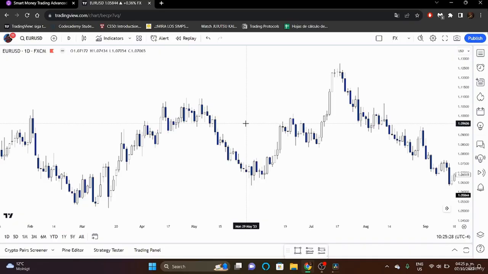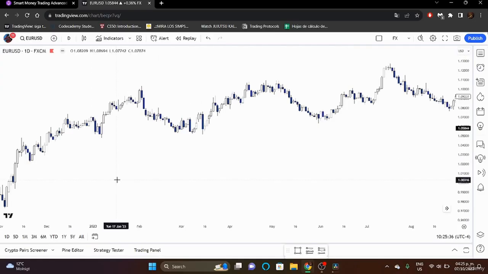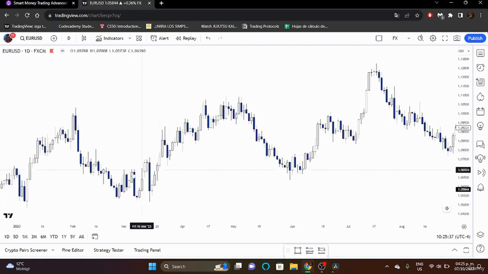Obviously, nobody wants to be at a loss. So in this case, let's say we're bullish here, because we raided liquidity 1, 2, and 3 times. So we raided liquidity, and we displaced.